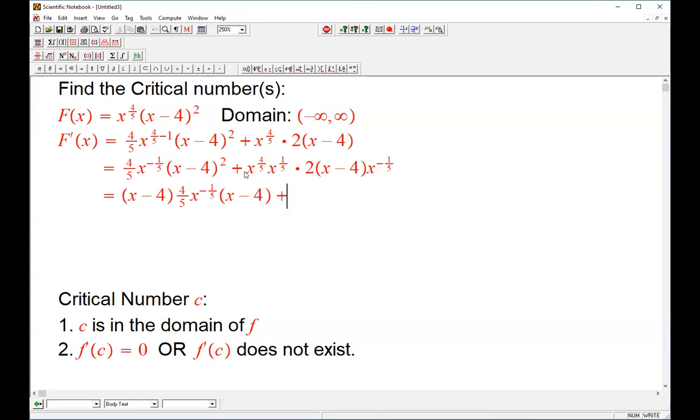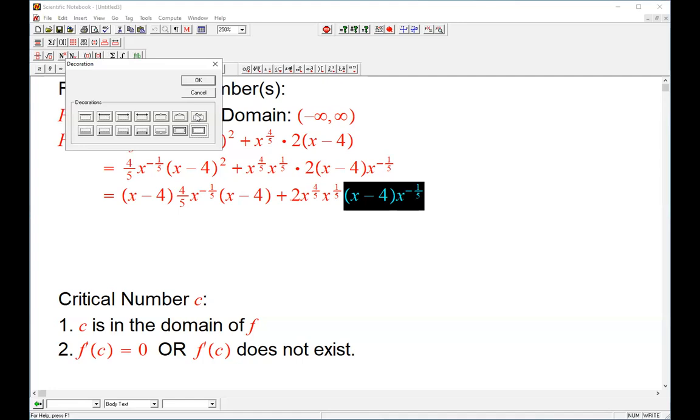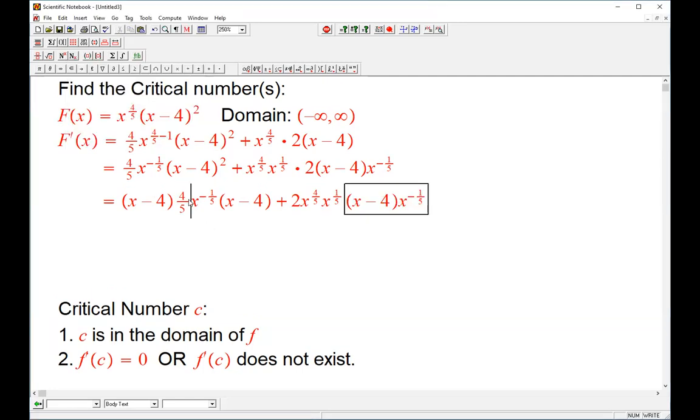And here on this side, I'm having them organized in such a way that I'm going to put the 2 in front of it. Okay, so now you can see clearly that we're going to factor this piece out. We're going to factor that piece out. We're going to factor this piece out.